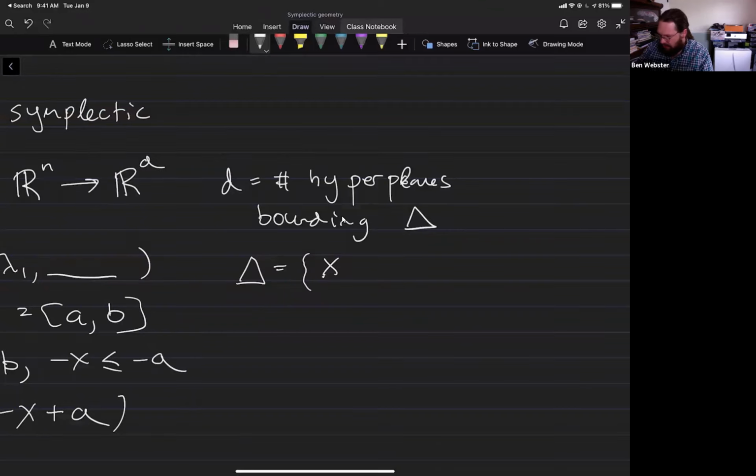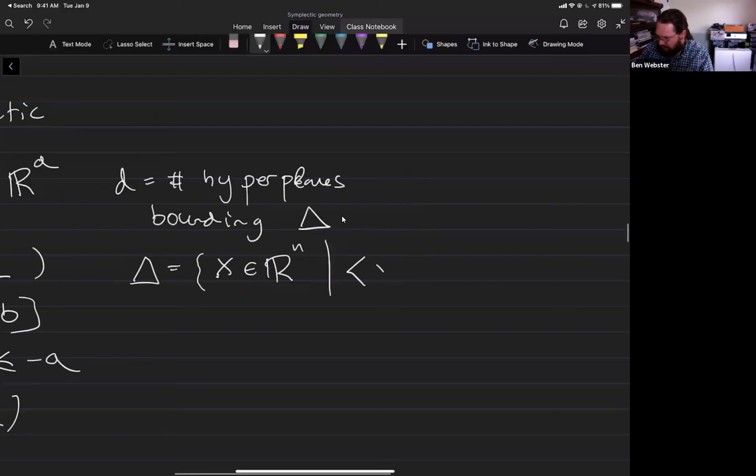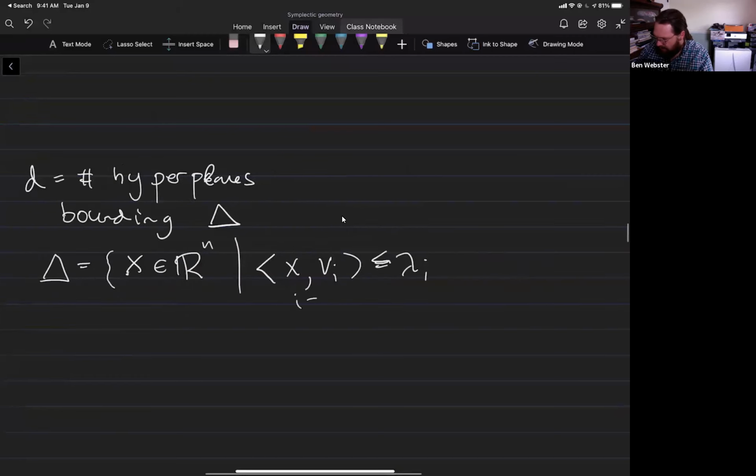Delta is all of the elements of R^n such that the inner product of x with some v_i is less than or equal to lambda_i. And so d is the number of these inequalities I need. And every one of these inequalities gives me a hyperplane bounding delta.